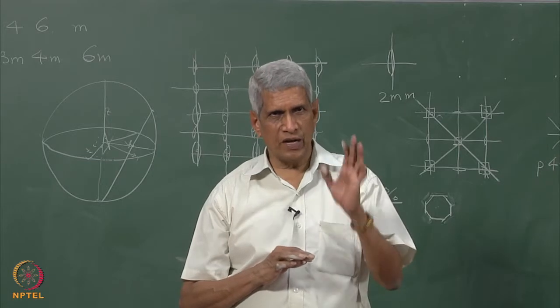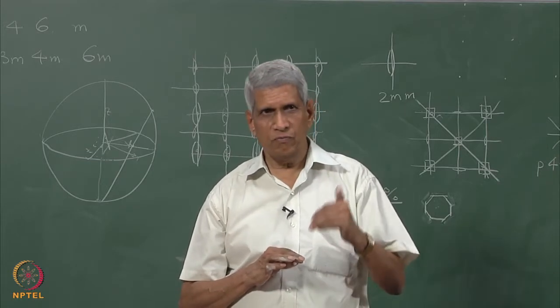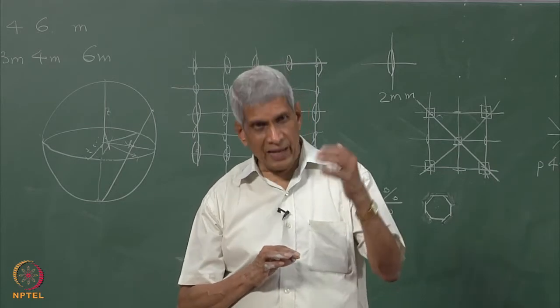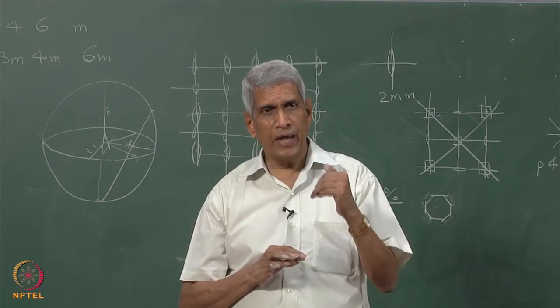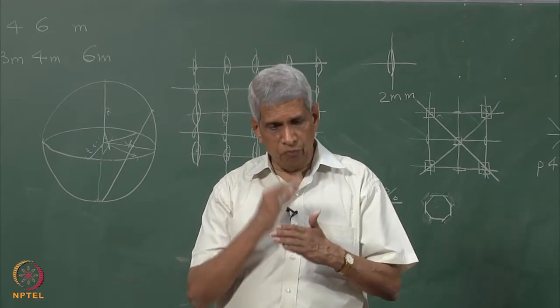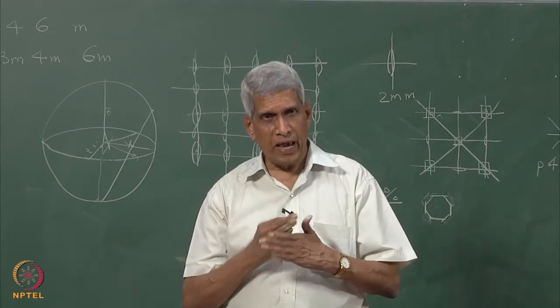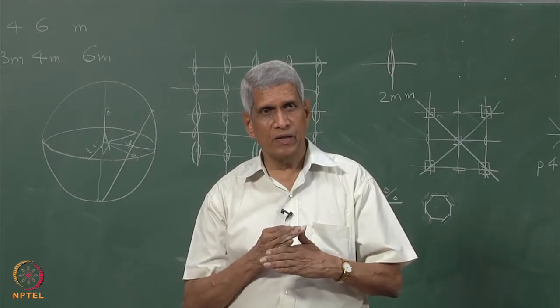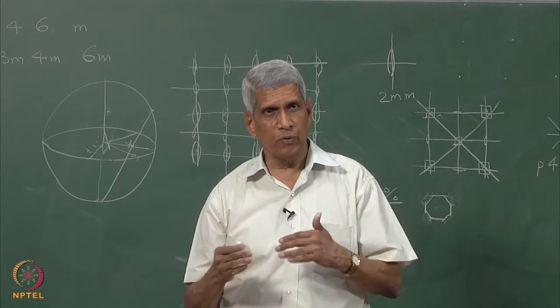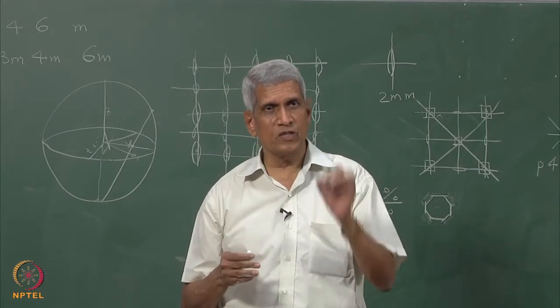If the motif has a symmetry which is higher than that of the lattice, then depending upon how the different axes of symmetry match, that decides the symmetry which is common between both of them, and that group decides the symmetry of the crystal.